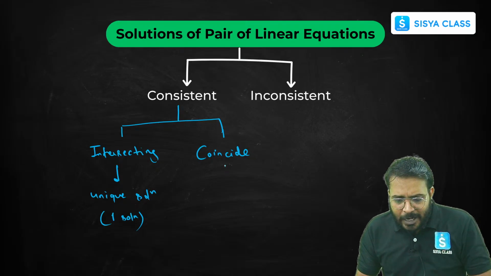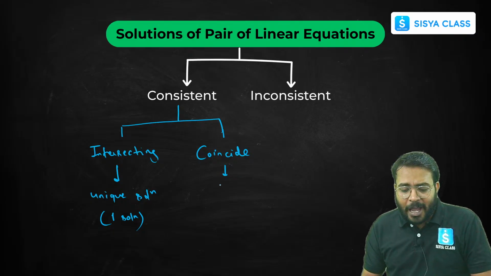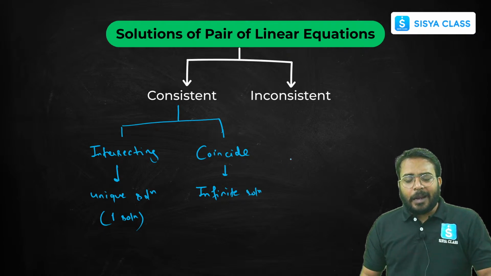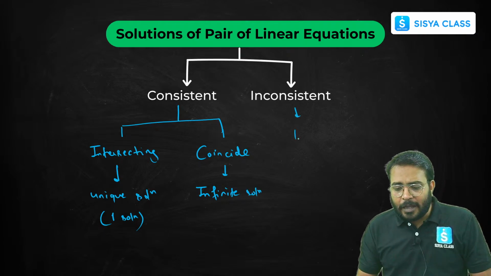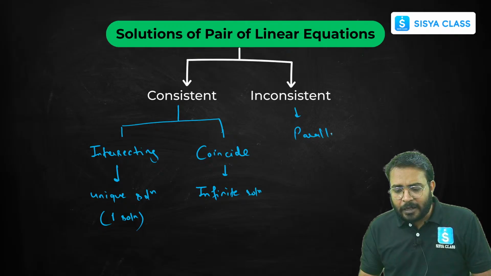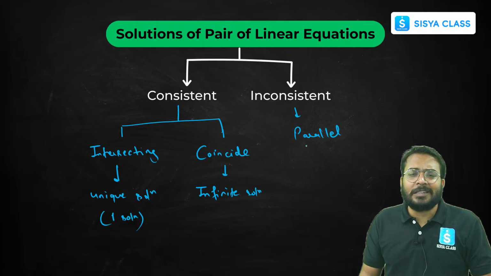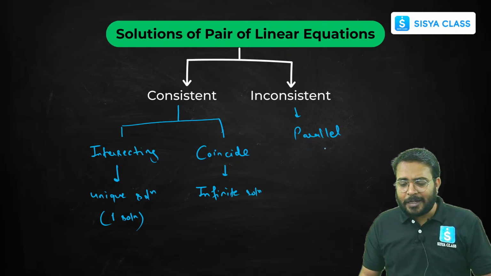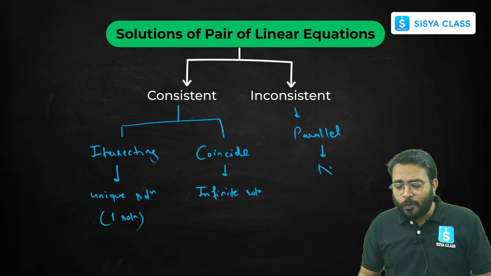And if they are coinciding, it is going to have infinite solutions. And inconsistent means the lines are going to be parallel. When the lines are parallel, we will say that this pair of equations is inconsistent, and inconsistent means they have no solution.